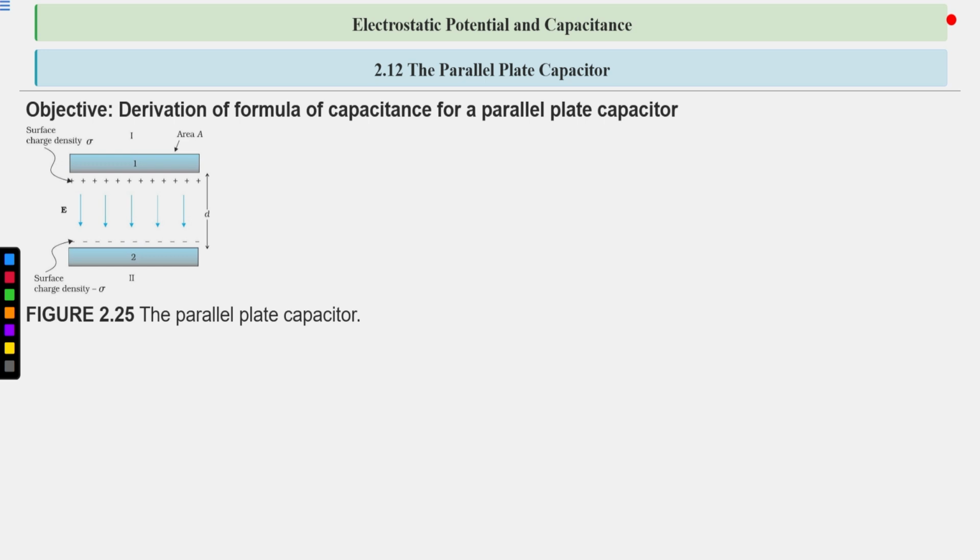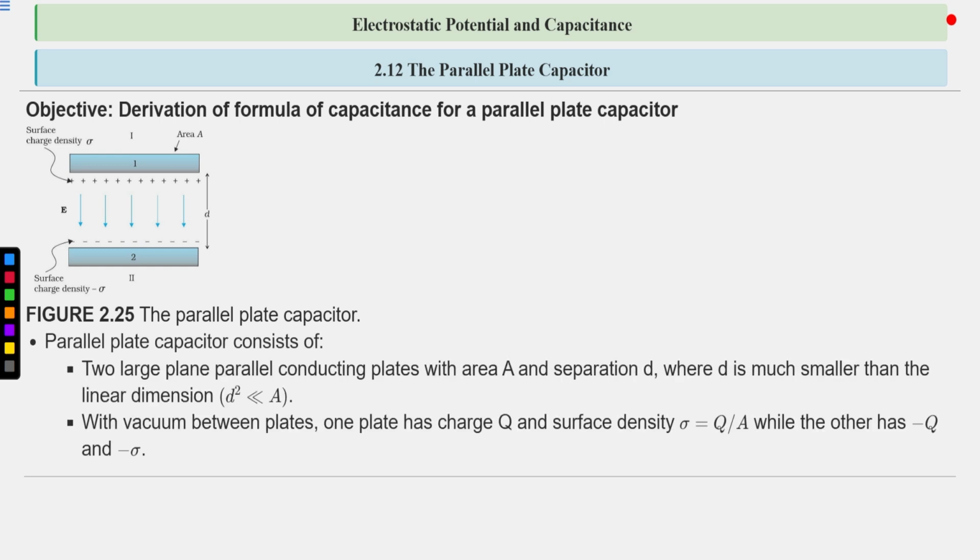Figure 2.25, the parallel plate capacitor. This is the construction of a parallel plate capacitor. A parallel plate capacitor consists of two large plane parallel conducting plates with area A and separation d, where d is much smaller than the linear dimension.